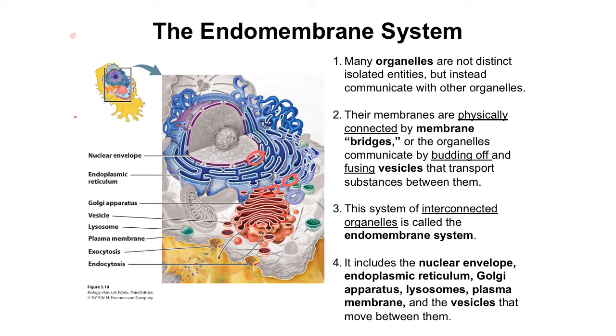The nuclear envelope, right here, the Golgi apparatus in blue, the endoplasmic reticulum, then the Golgi apparatus in red, and of course the plasma membrane, as we see here, and the vesicles. So all of these little tiny membrane-enclosed structures here and here, and you can see some even fusing in the plasma membrane, are all vesicles. So this is an overview of the endomembrane system.